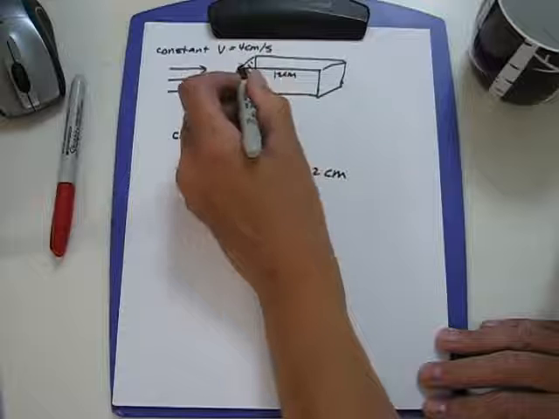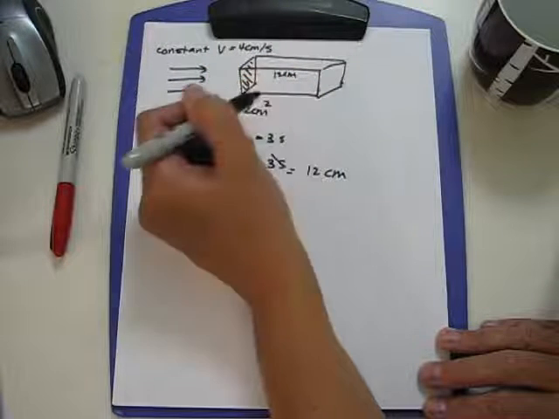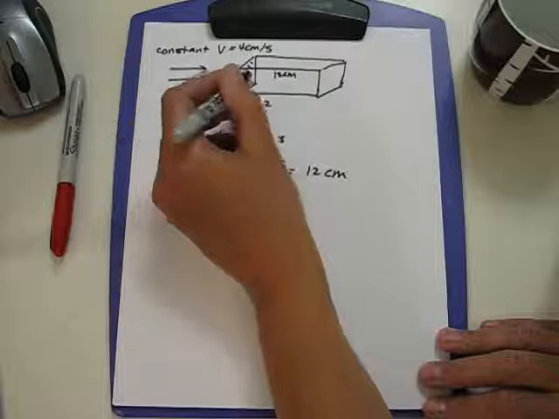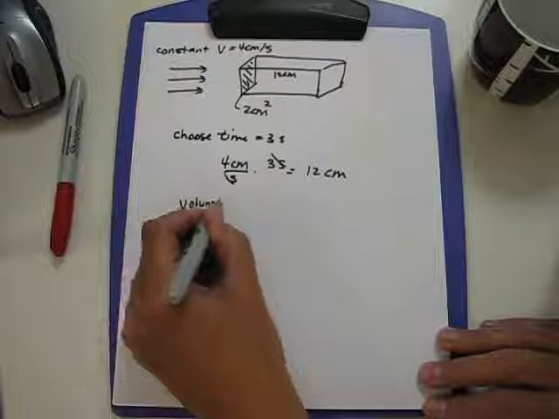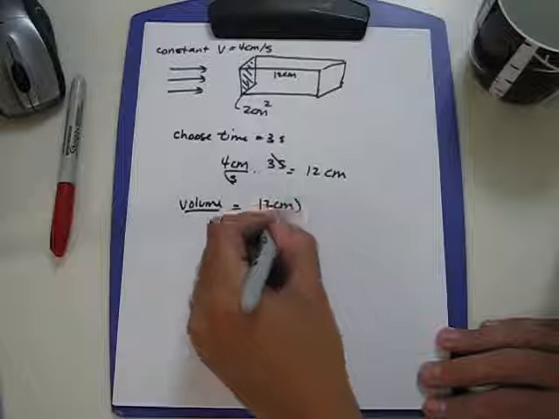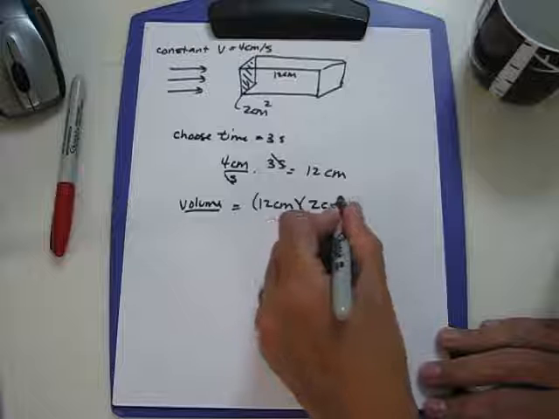Now we know the fluid has gone 12 centimeters, so we can calculate the total volume that has passed through this surface we've chosen by calculating the volume of the parallelepiped. So the volume is equal to the height, which is 12 centimeters, times the cross-sectional area of the base, which is 2 centimeters squared.